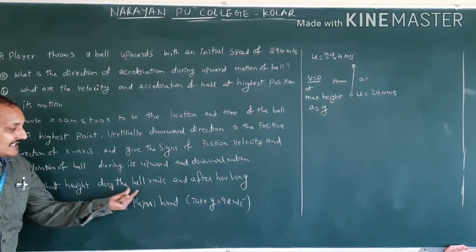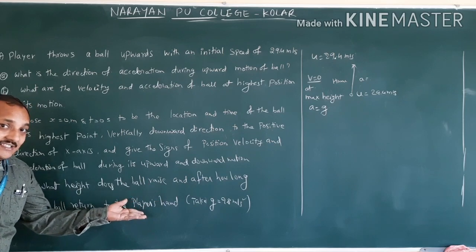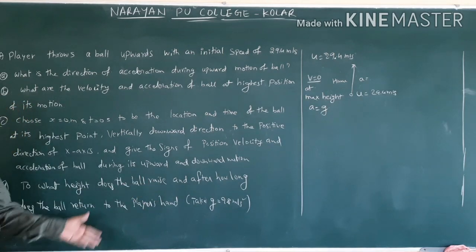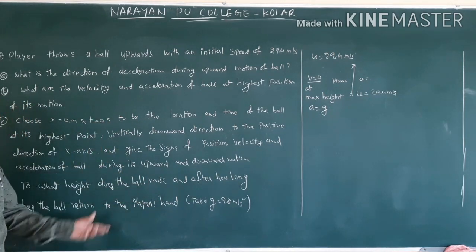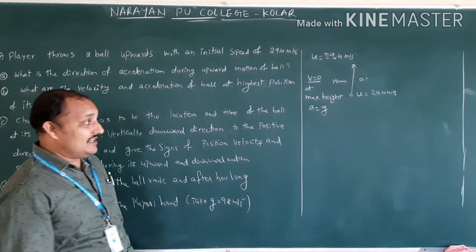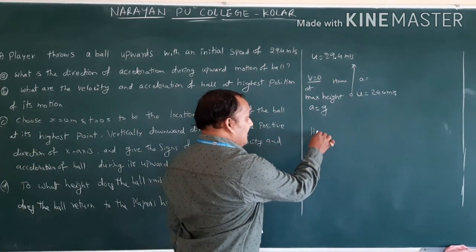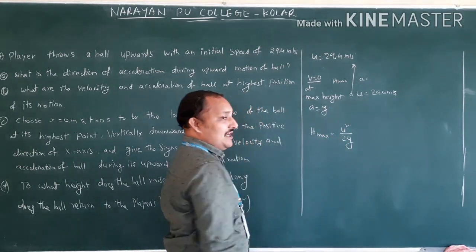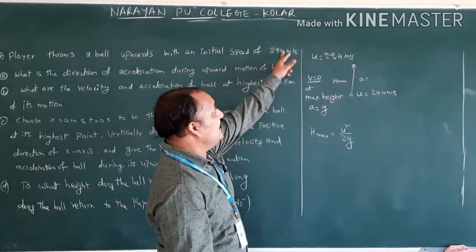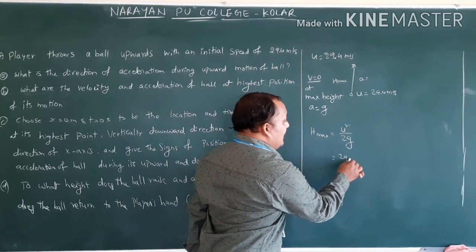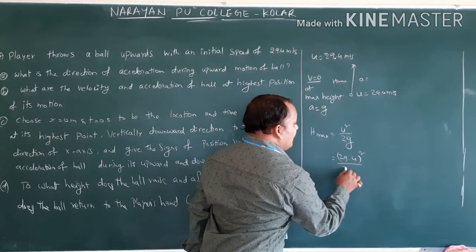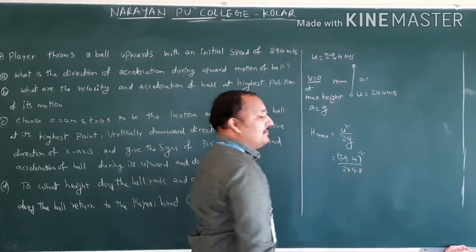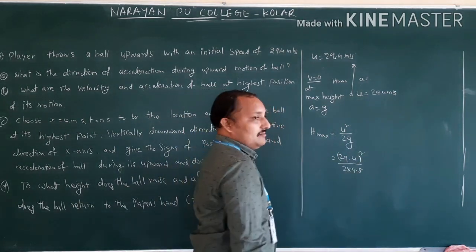To what height does the ball rise? To what height does the ball rise, what do they ask indirectly? They ask maximum height. So what is the maximum height equation? Already discussed. H max equal u square by 2g. What is u here? 29.4. 29.4 whole square by 2 into 9.8. You can solve this, isn't it?